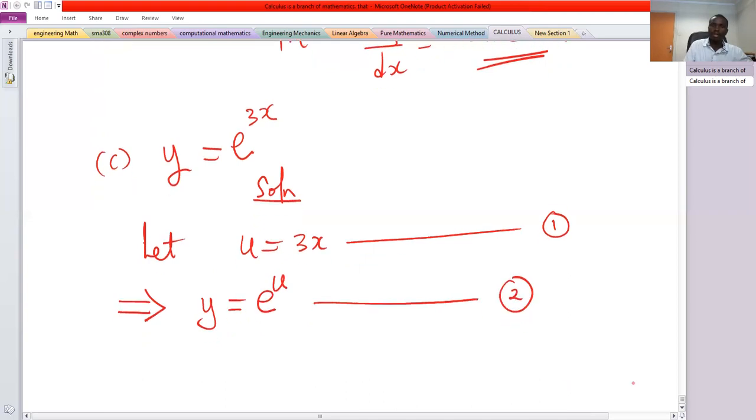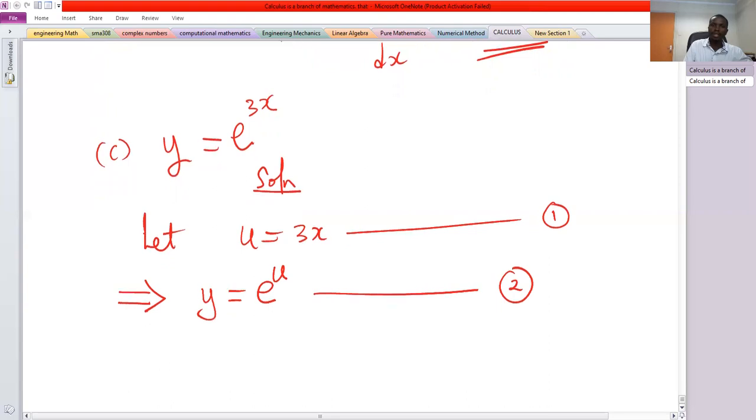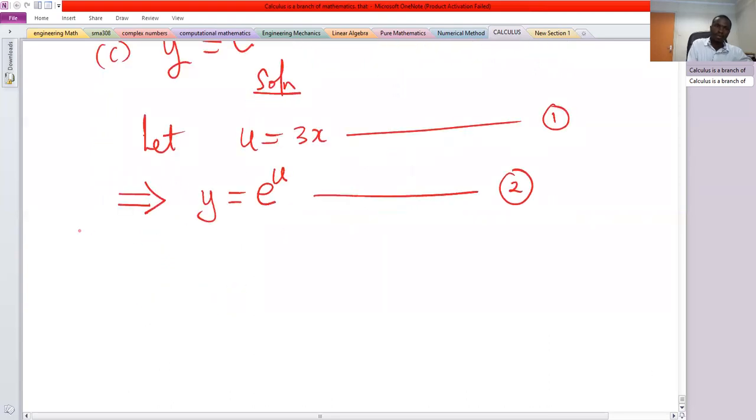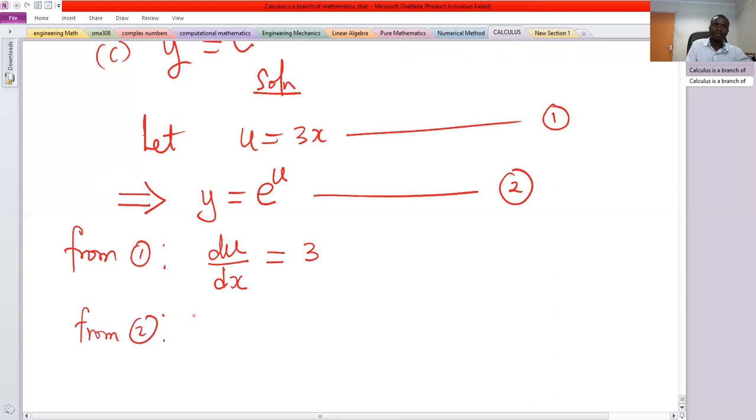So from 1 we get du dx, from 2 we get dy du. So from 1, du dx is 3, and from 2, dy du is e raised power u.